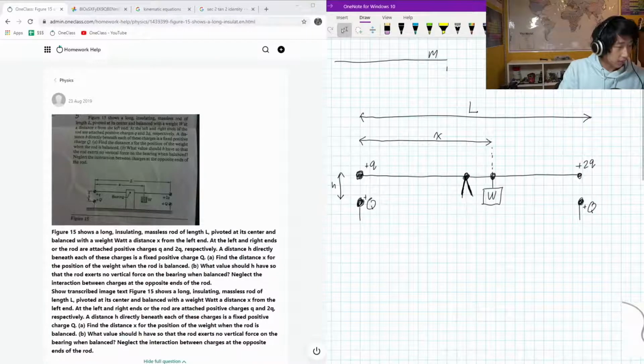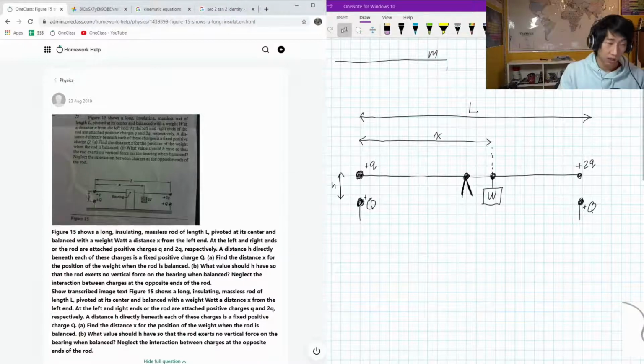Okay, so part A of the question is asking us, find the distance x for the position of the weight when the rod is balanced. When the rod is balanced, that means the net force is going to be 0 in the vertical direction, and the moment about the center is going to be 0 as well when this is all in equilibrium.